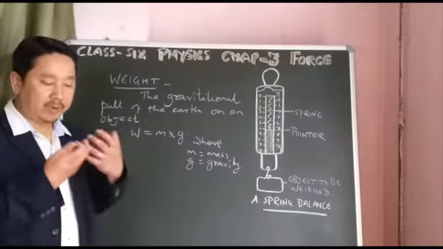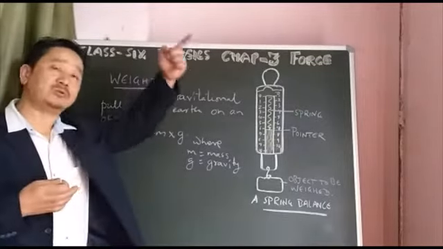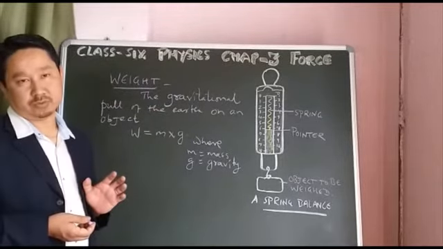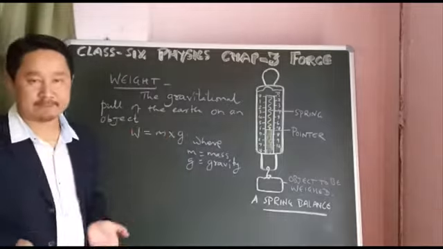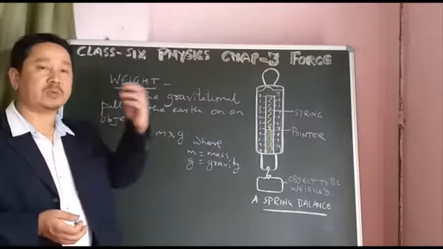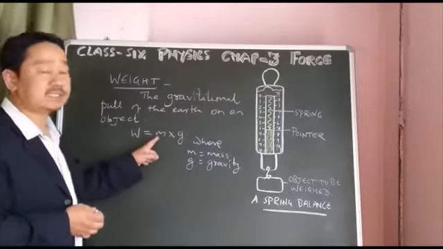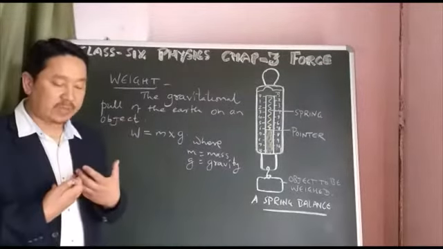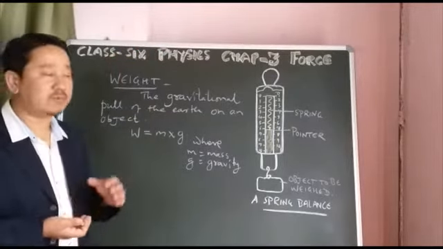The weight of my body will be different from the weight of my body if I am taken to the surface of the moon, because the gravity of the earth and the moon is not the same. So it depends upon the gravity. But mass remains the same. The mass of my body will remain the same even on the surface of the moon.